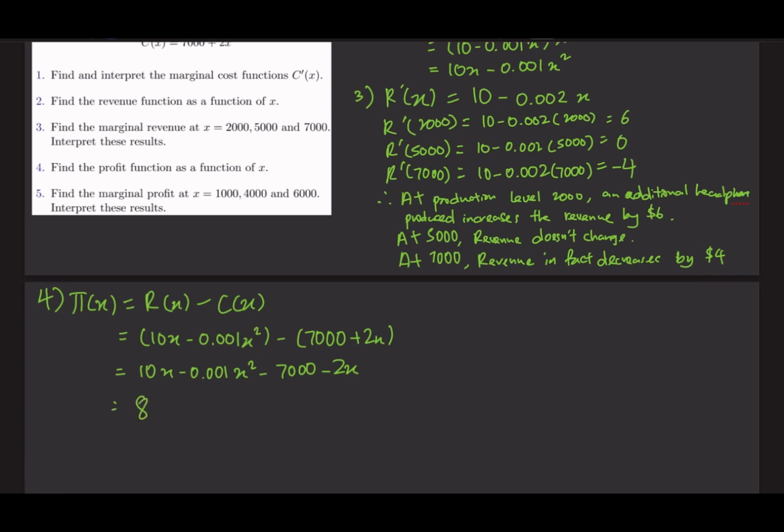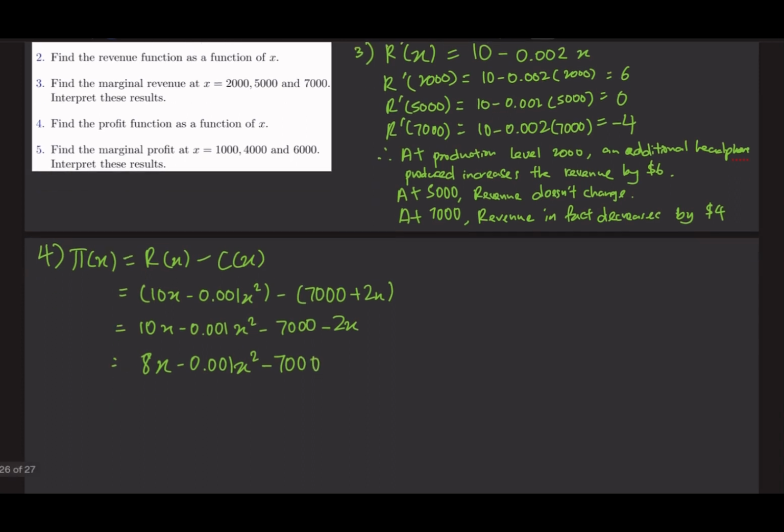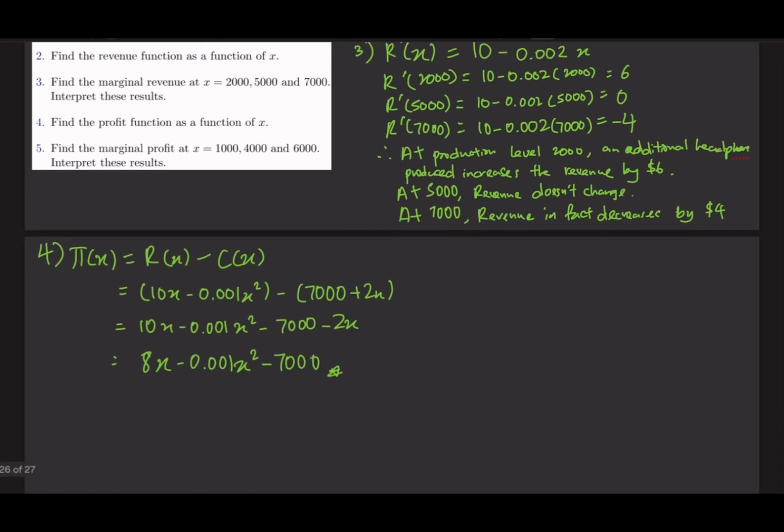We will get 8x minus 0.001x squared minus 700. Alright, this is our profit function.